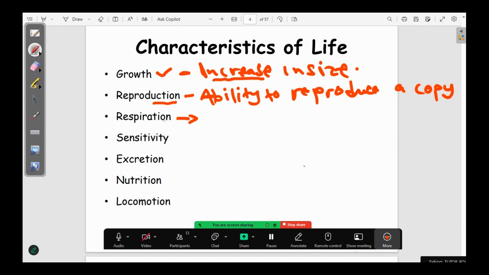You can say respiration is just the process, and it has two definitions. There's the definition for breathing in, breathing out, that's respiration, and then there's another one, which is the breakdown of glucose. So we know that respiration has two definitions in biology.